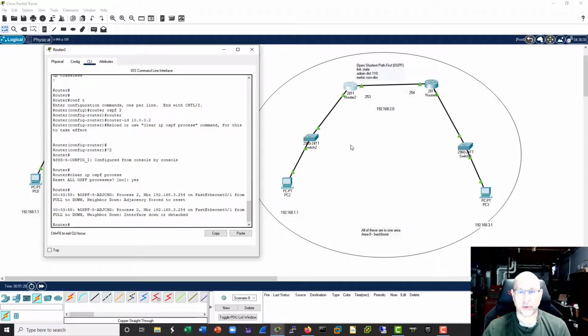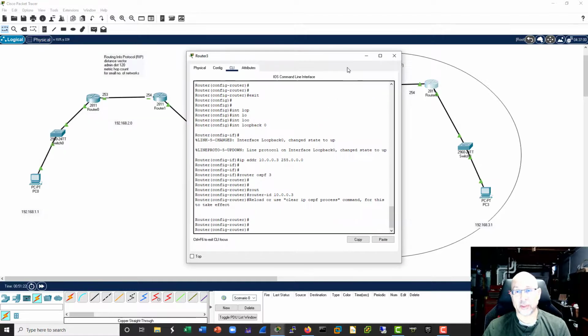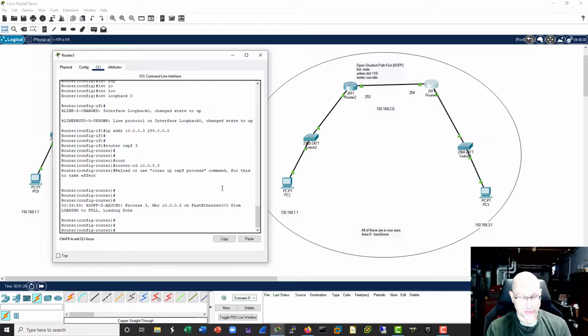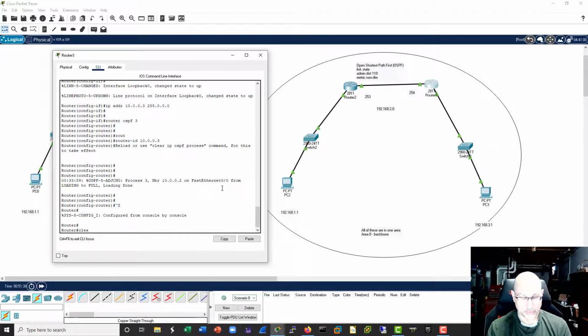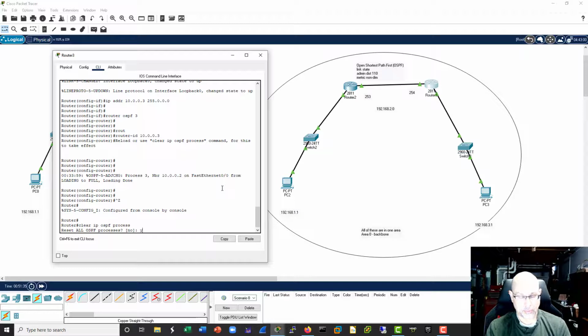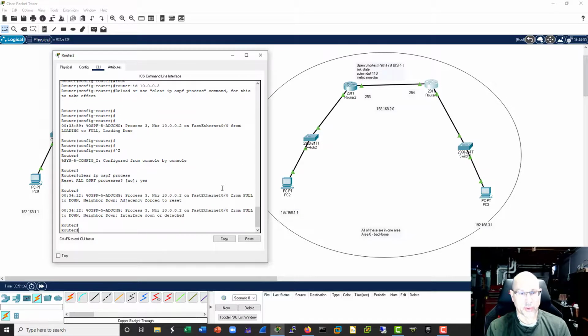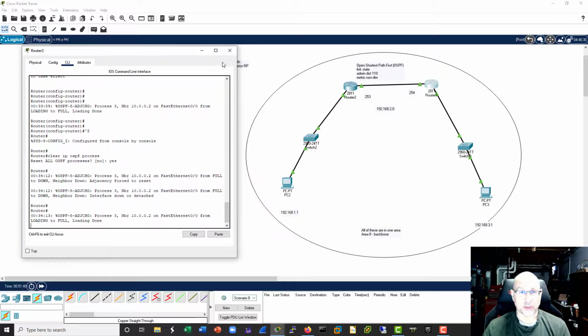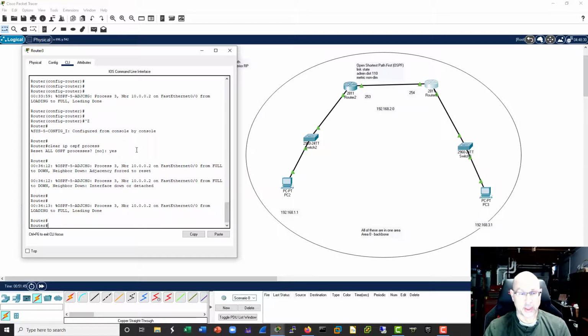Yes, there we go. Now, the problem is, of course, that we're talking to another neighbor, and this neighbor is going to say, wait a minute, what's going on? And so we'll do the same thing here. By the way, when you make any changes to OSPF, if you want them to propagate throughout the network, this is a good process to go by.